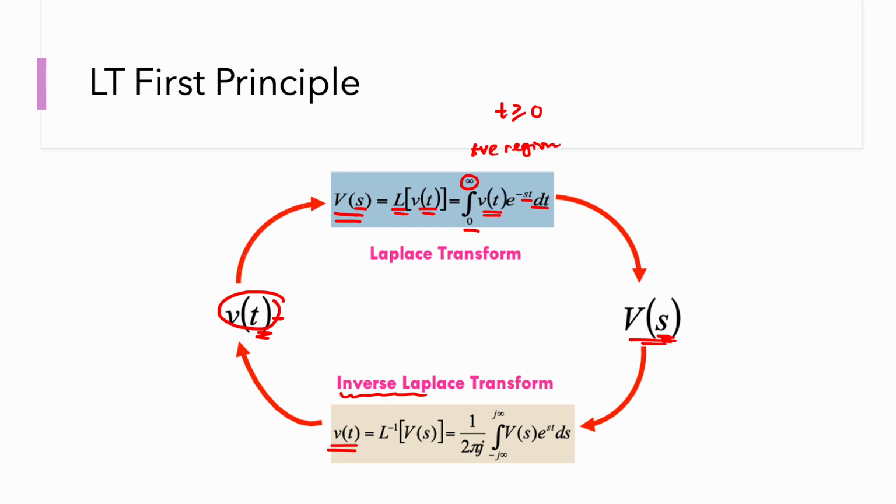The inverse of the S domain equation is equal to 1 over 2 pi j, which is a constant, times the integration from negative j infinity to j infinity of the V(s) equation multiplied with exponential st, ds. After this, you will get back the time domain equation.